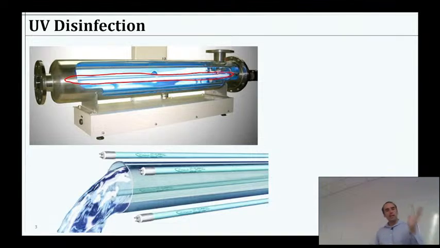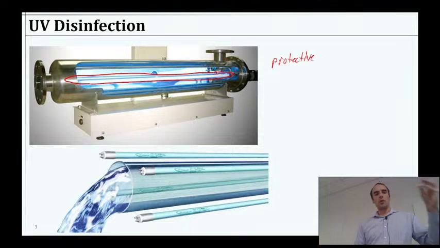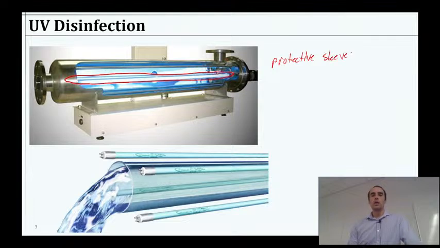So in this case, we have a protective sleeve to protect the bulb itself, but also to allow the light to go through. But this has to be a pretty fancy and expensive quartz. That's also fragile, unfortunately.